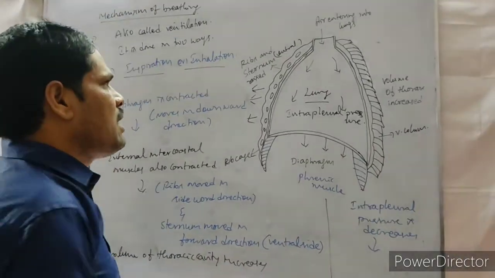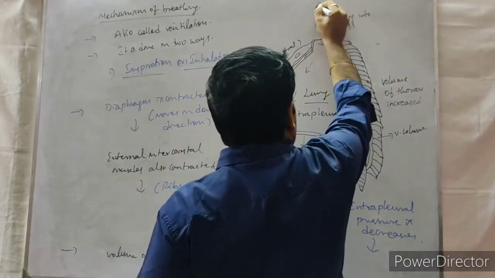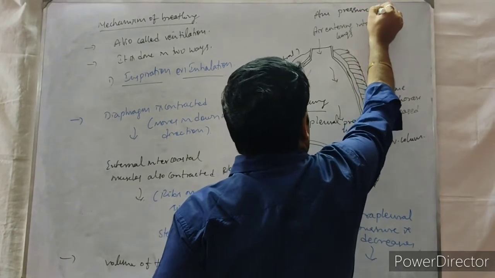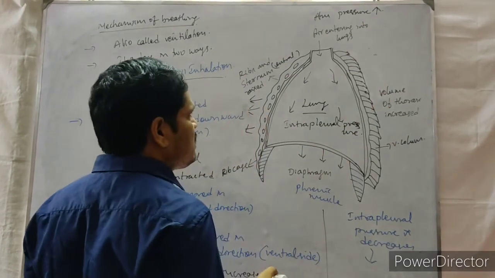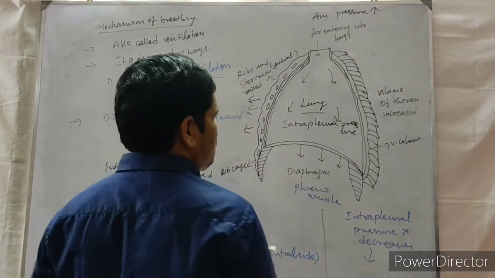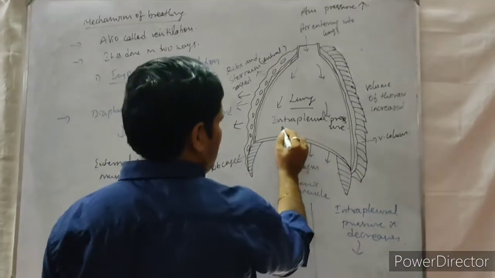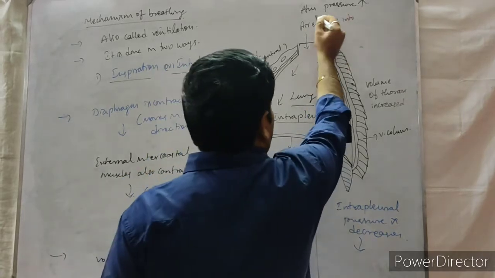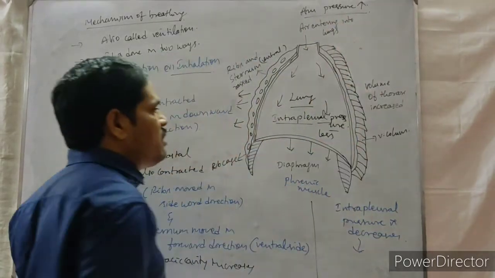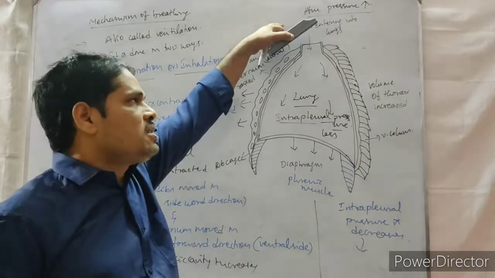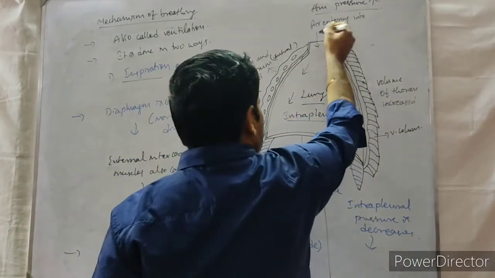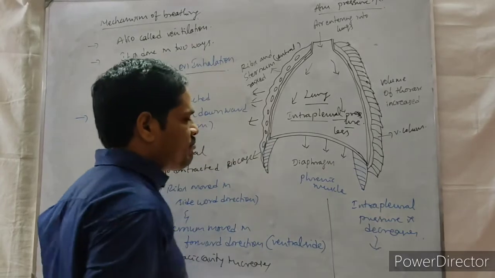Outside in the atmosphere, the pressure is more. Inside the lungs, the pressure is less. Because the outside atmospheric pressure is more and the inside intrapleural pressure is less, air is easily entering into the lungs.